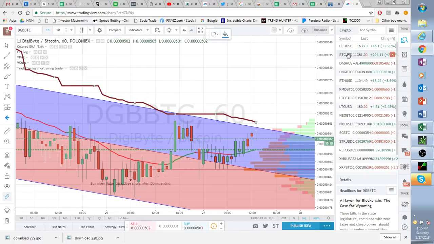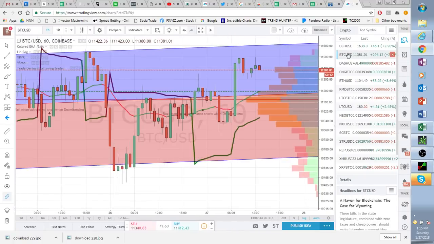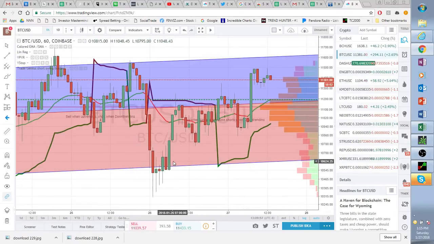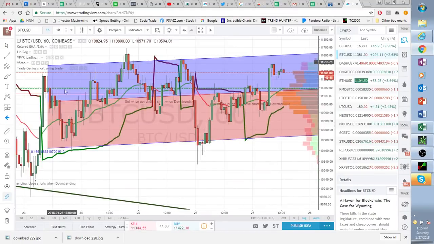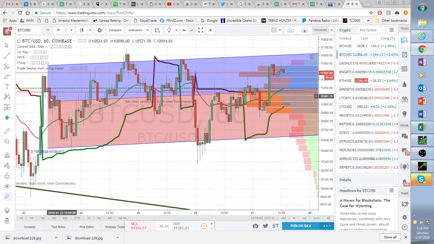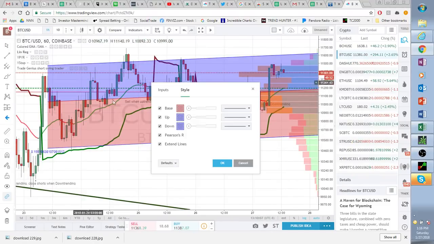So here's Bitcoin, and I just want to point out another trade that I do. See here, the trend's pretty flat, and what I do is I like to look out my screen to show primarily the last 100 days of the channel, and that's on the linear regression. We look back 100 days.